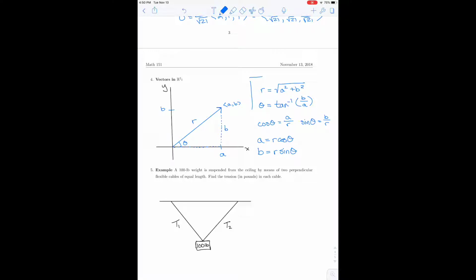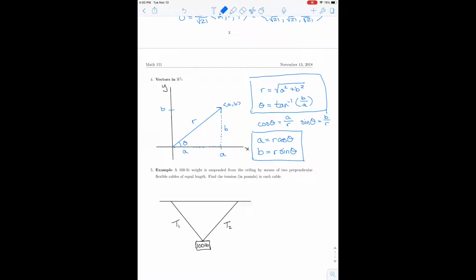And so you should be familiar with changing from the xy picture to the r, which is the distance from the origin, and theta, which is the angle from the x-axis, or changing from a description of a distance and an angle back to the x and y coordinates.